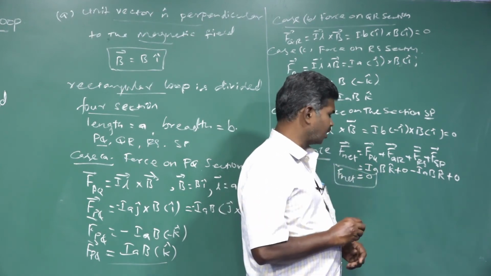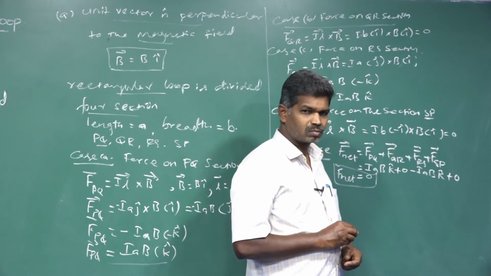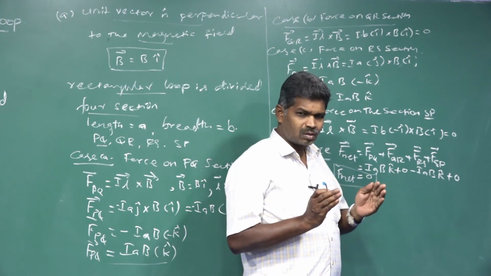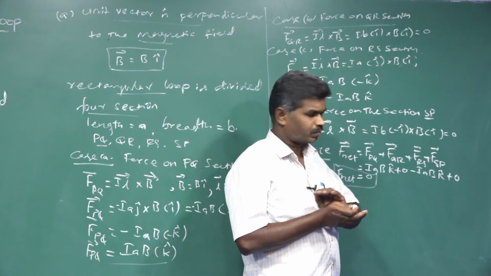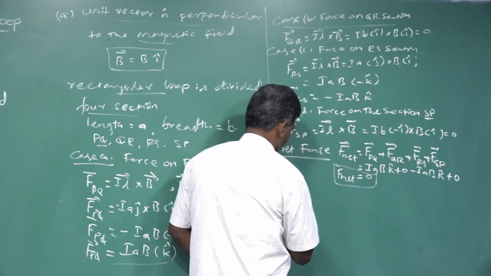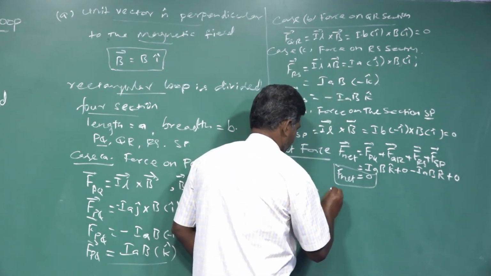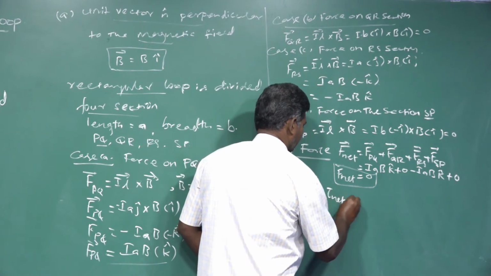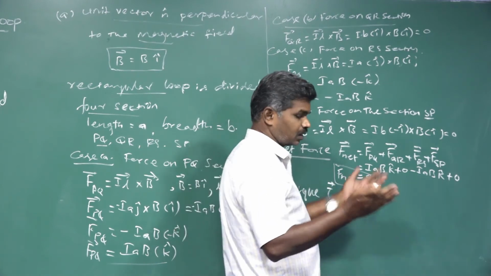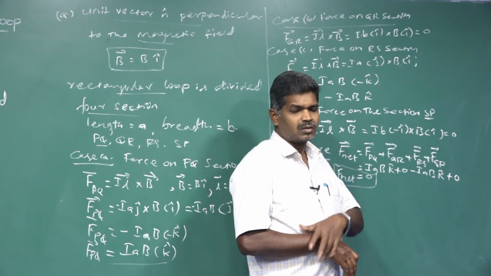Torque basically we have the symbol tau. There we are going to take the net torque. That's why torque tau net vector equal to what are the torques we have that we are going to take.